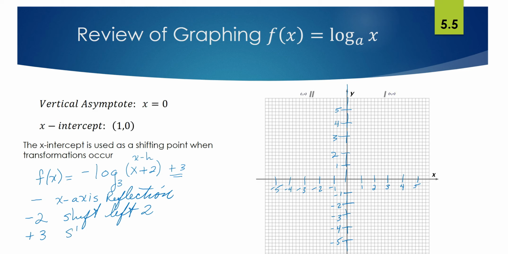is shifting up 3. So the first thing that I'm going to do is take my shifting point that was 1, 0, and I'm going to have it shift left 2 units, so that goes to negative 1, and then up 3, so negative 1, 3.